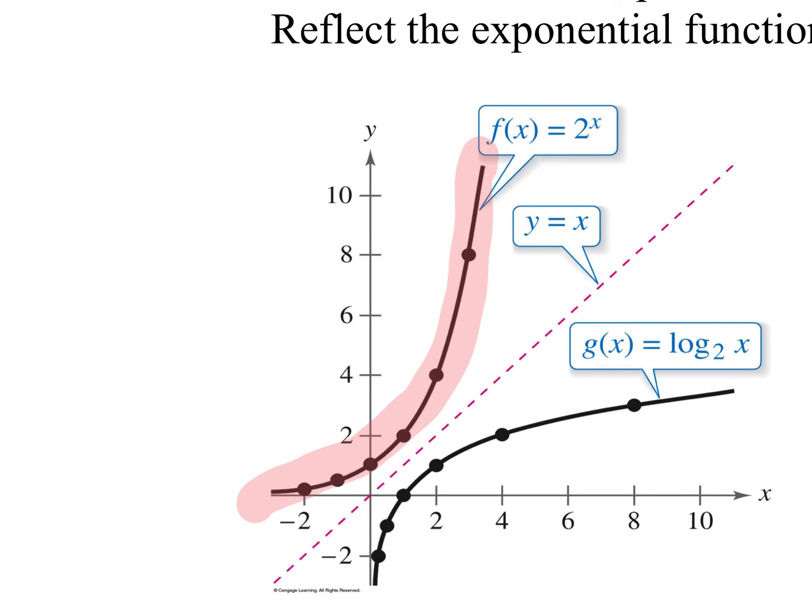We have this point at 0, 1. We have a point at 1, 2. We have a point at 2, 4. And we have a point at 3, 8.